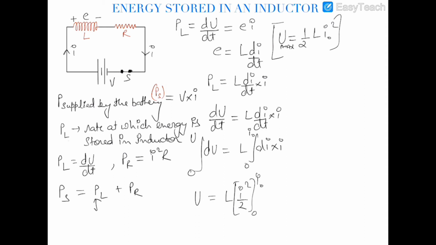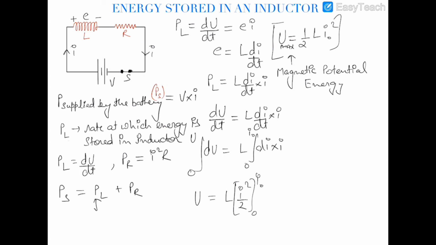Now, there are two important things to note. First of all, this energy is magnetic potential energy, and this magnetic potential energy is stored in the magnetic field. We all know that electric potential energy is stored in electric field because it is a conservative force field, and similarly the magnetic potential energy is being stored in the magnetic field.